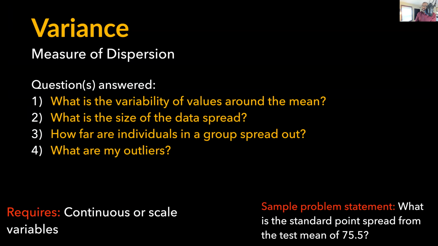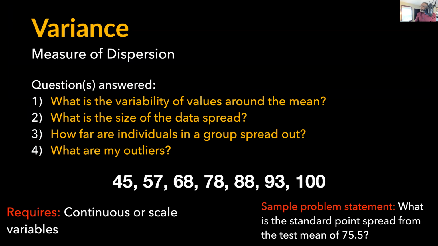And I had a sample problem here. If you're able to plug these numbers into SPSS, we will see that the standard point spread should be, I think, 399.